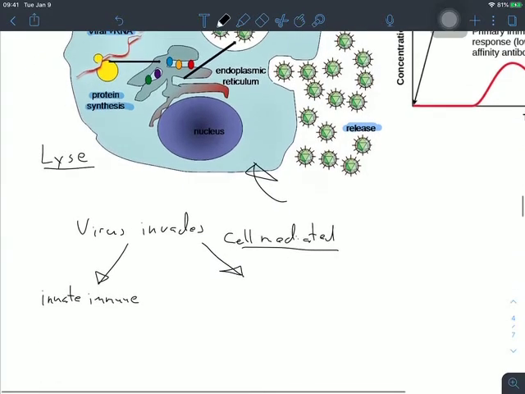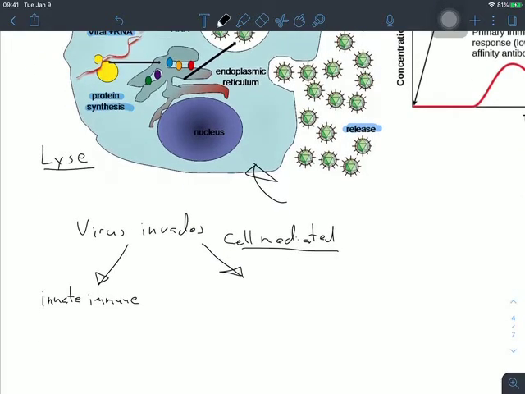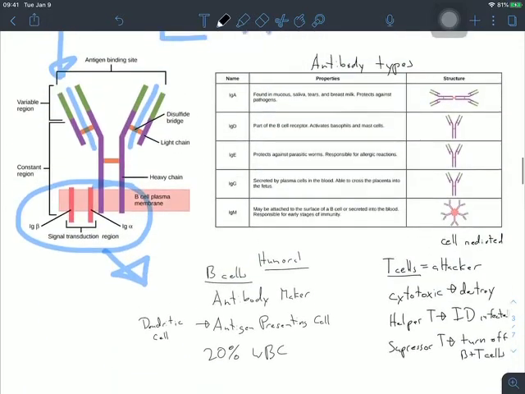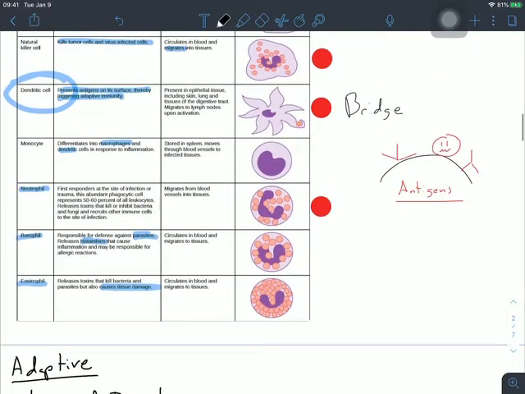Well, the virus will float around the body, float around in your humors. It will bump into dendritic cells at some point. And that dendritic cell turns into an antigen-presenting cell and makes that antigen and presents it.